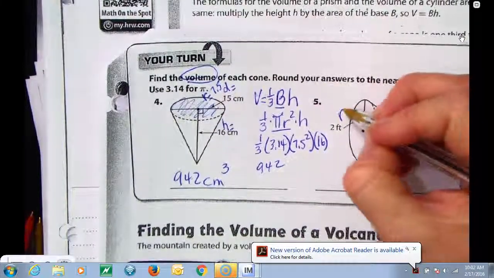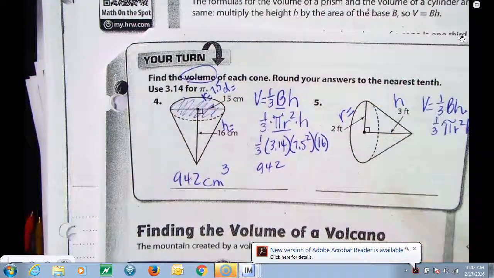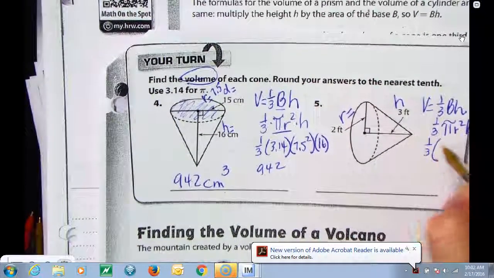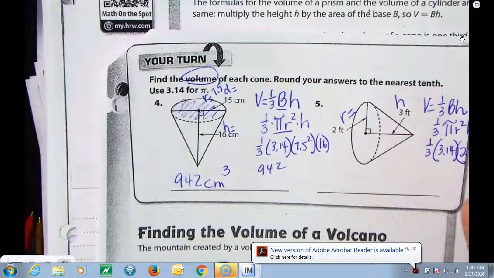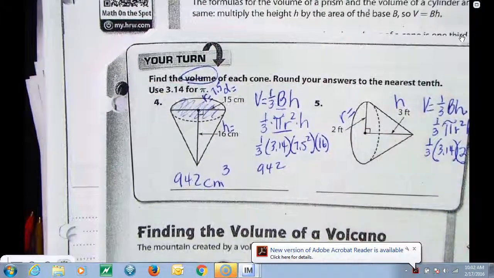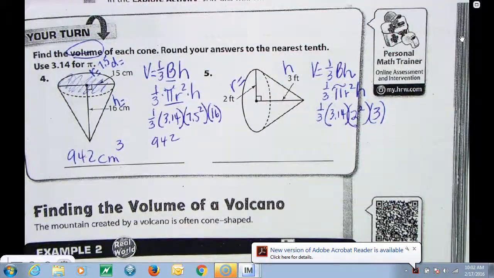Plus 2. Good. Okay, once you get all that written down, I'll talk to you about it before you start doing the math.